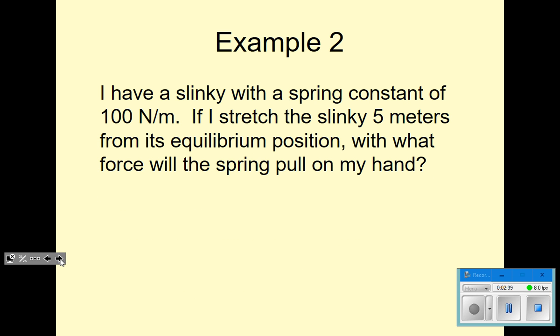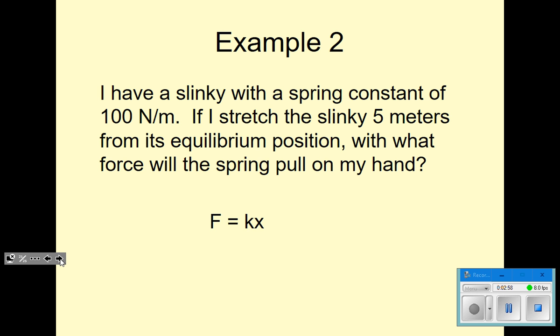So if I have an example, a slinky with a spring constant of 100 newtons per meter, and remember that's also my force constant, and I stretch the slinky 5 meters from its equilibrium position, I want to know what force the spring will be pulling on my hand to make it come back together.